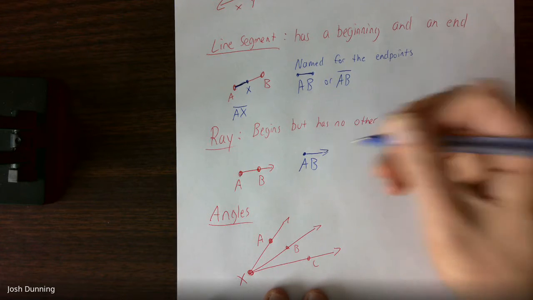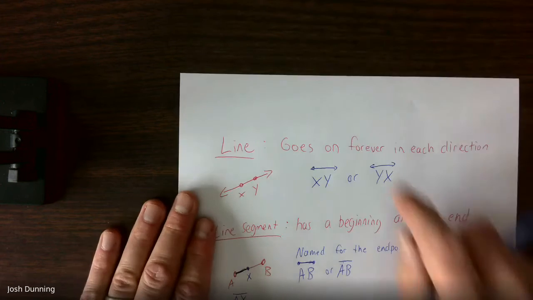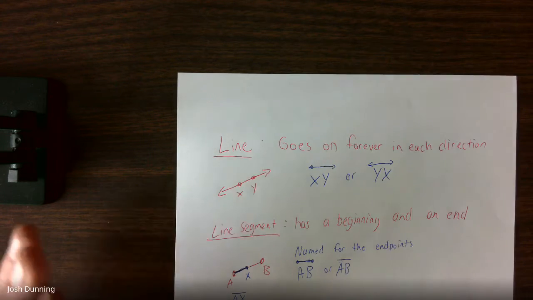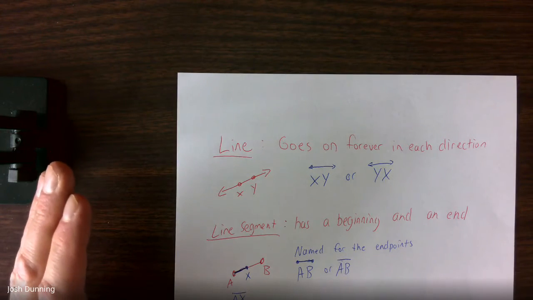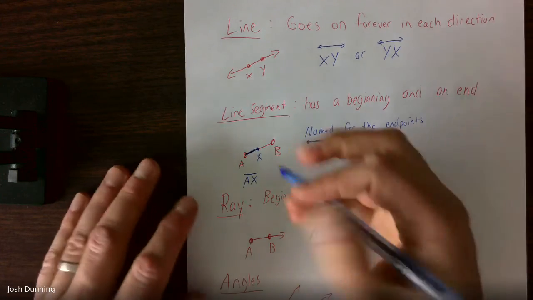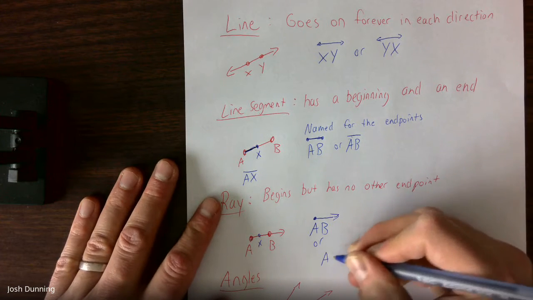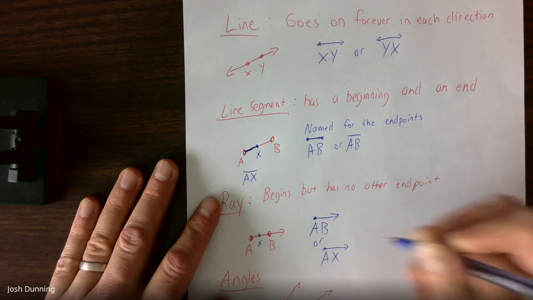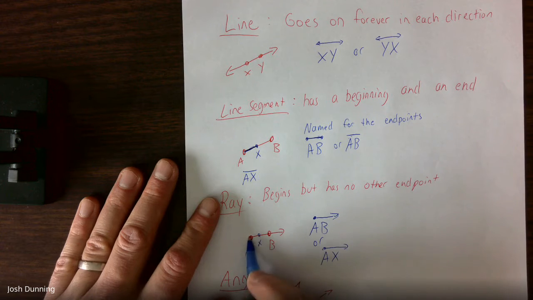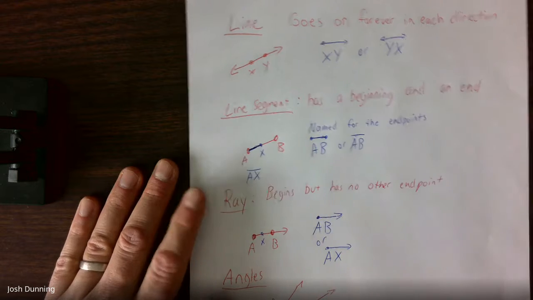This symbol means ray. This symbol means line segment. This one means line, a full line that goes on forever and ever in each direction. And like here, one thing I forgot to mention, let's say there was an X as well. You could use X, just as long as the letter where the beginning is the one you start with, and then any other point on the ray.